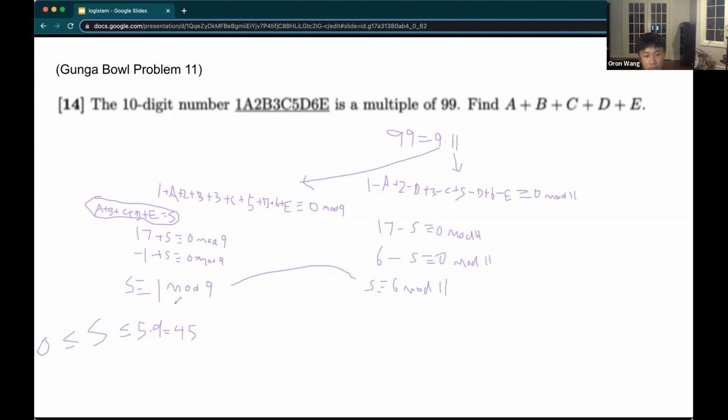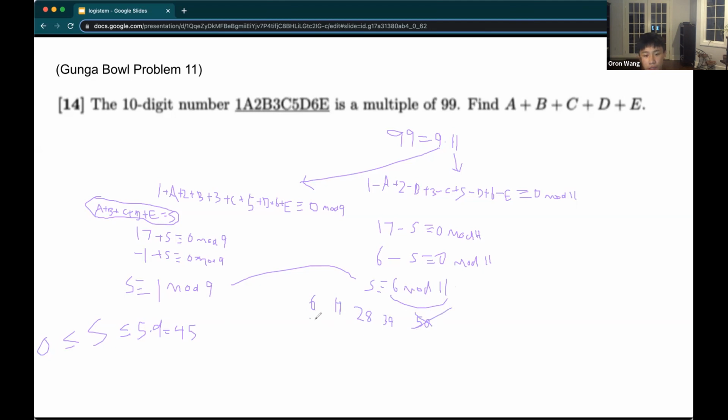So now we can check these numbers. We can check the numbers that are 6 mod 11 and see if they're also 1 mod 9. And we can list them out: 6, 11, 17, 28, 39. And the next one, 50, is already greater than 45, so that doesn't work.